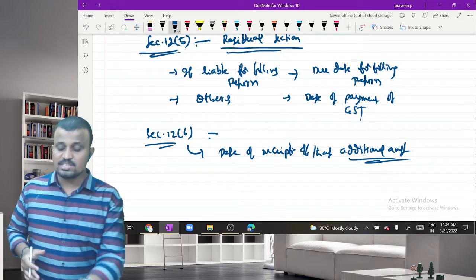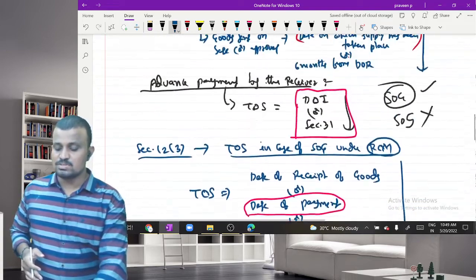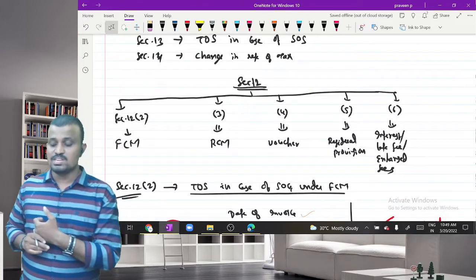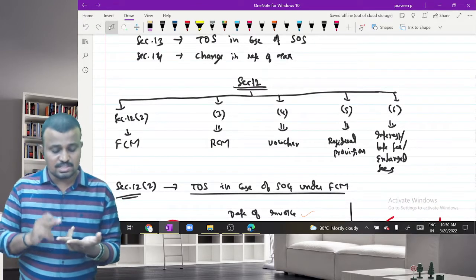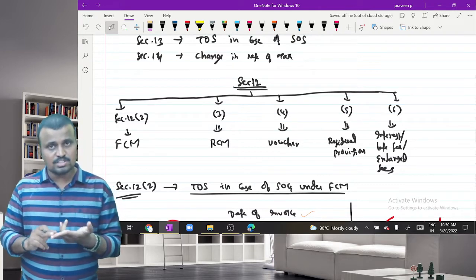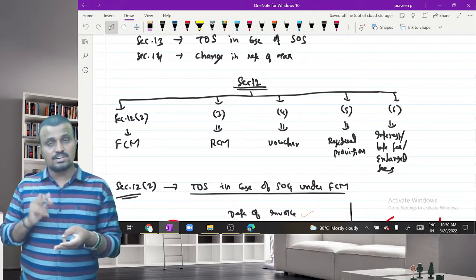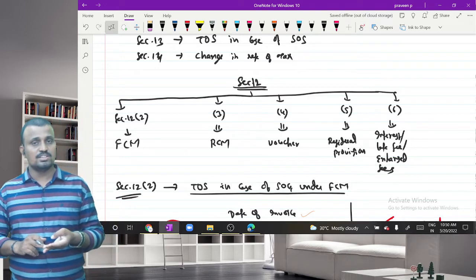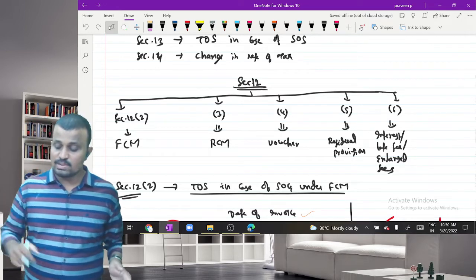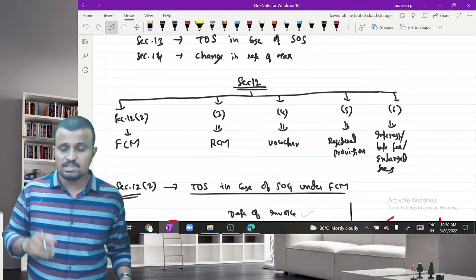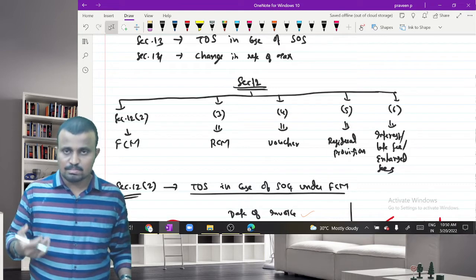So this is relating to supply of goods. Section 12.2 is relating to supply of goods under forward charging mechanism. Section 12.3 is relating to time of supply in case of supply of goods under reverse charging mechanism. Section 12.4 is relating to the time of supply in case of a voucher, and section 12.5 is the residual provision. Section 12.6 covers the time of supply if any enhanced or additional payment is received due to delay in payment by the receiver.